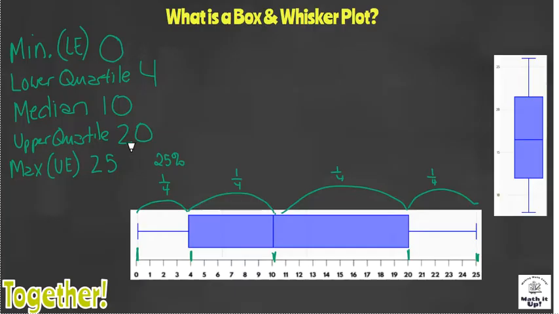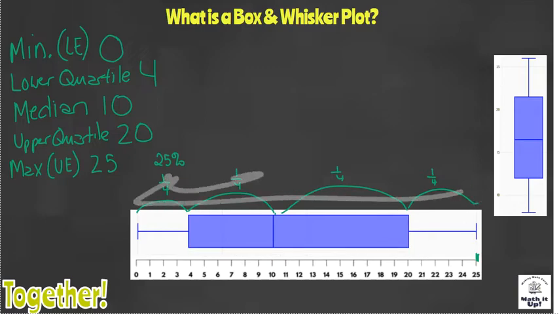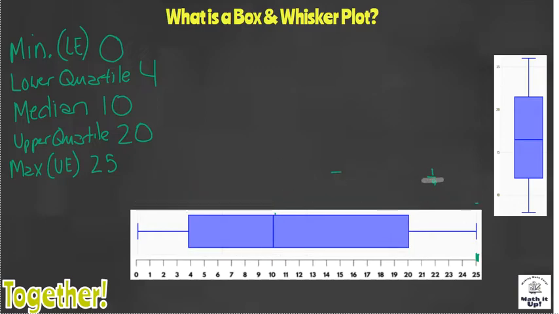We also can name our quartiles too. And let me get rid of this, and we will do that. So we can name quartile 1, quartile 2, quartile 3. So this place here is considered quartile 1, meaning that's the first quarter of the data from here to here.